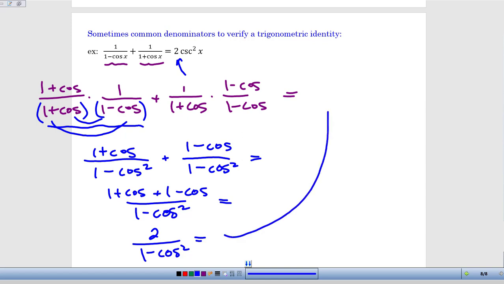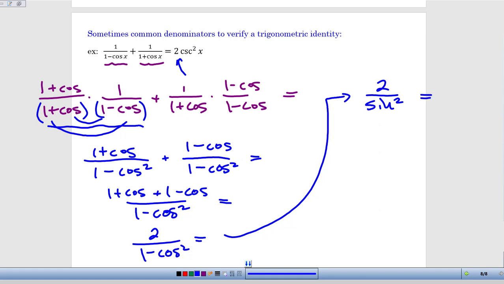Well, 1 minus cosine squared is a variation of that original Pythagorean identity. If you go back and look, remember we can rearrange those Pythagorean identities into any variation where we move the pieces from one side to the other. So 1 minus cosine squared can be replaced with a sine squared.